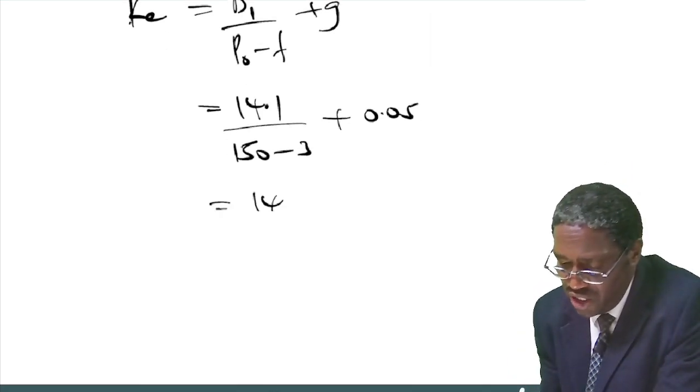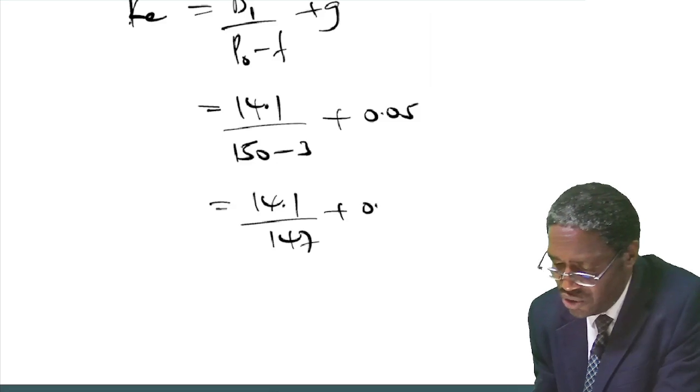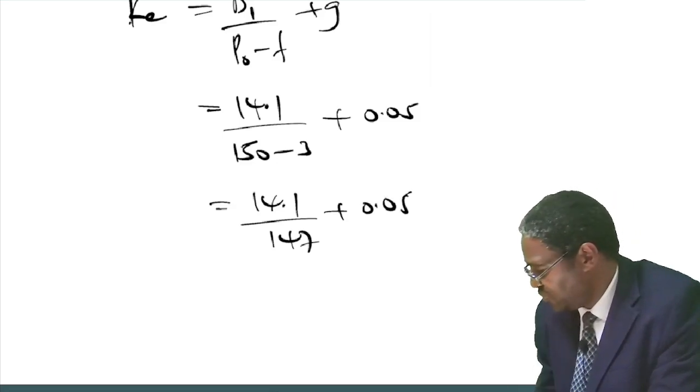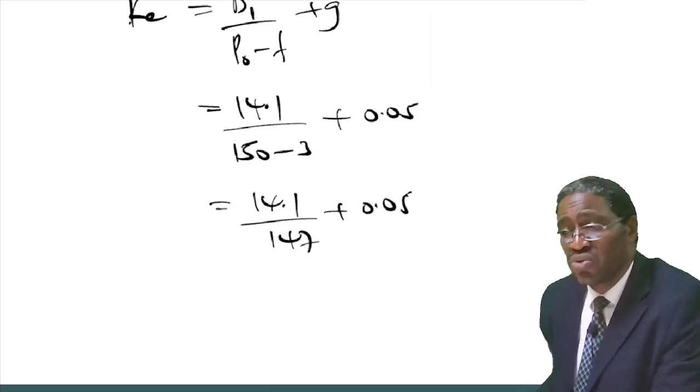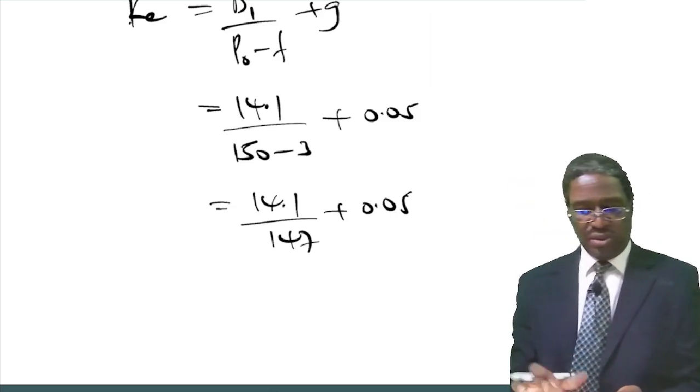This will be 14.1 divided by 147 plus 0.05.